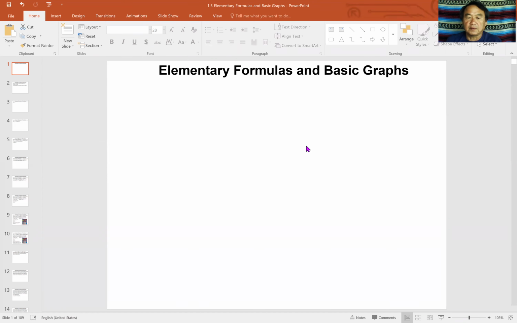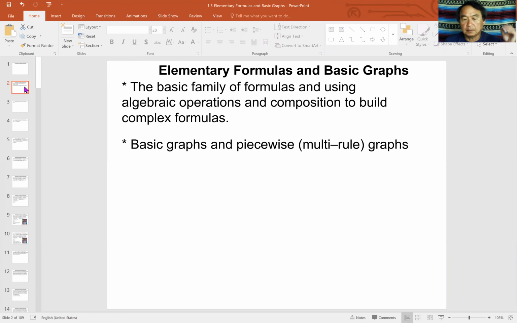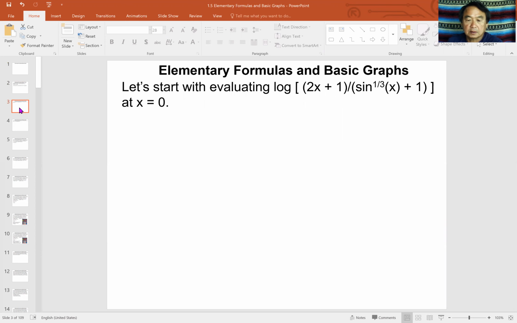Okay, so a brief review on that. These are two basic topics: the basic family of formulas and how we make more complex ones, and then the basic pictures.